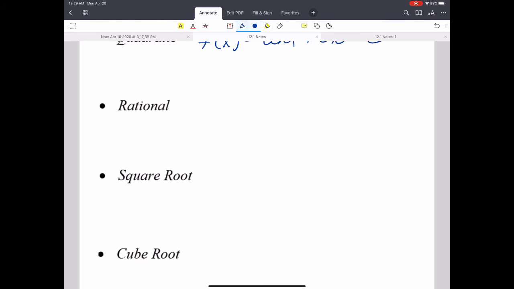Okay, now the rational function is going to kind of take this form, which, rational has ratio in it, and ratio just means fraction. I think this is kind of the textbook format of it. The function of x is going to be the p of x over the q of x.